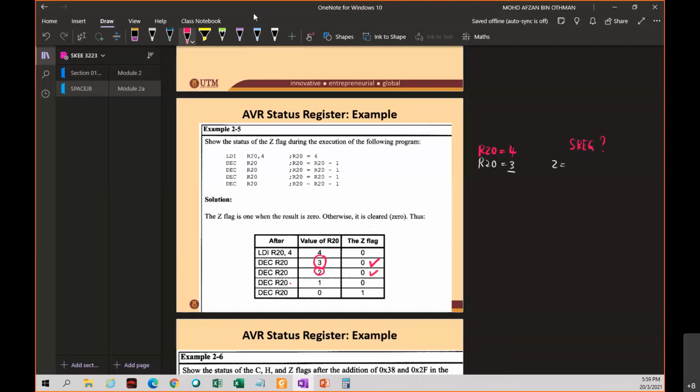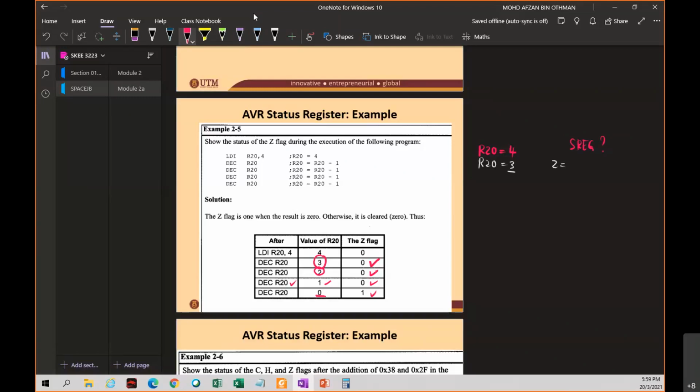And then you decrement 1 again. Okay, one more time. So sekarang ni R20 sama dengan 1. So what happened to the Z flag? Masih lagi kosong. Sebab masih lagi ada value dalam R20. And then when you decrement one more time, so what happened? R20 sekarang ni dah jadi kosong. Okay, bila R20 jadi kosong, automatically the Z flag will set, akan jadi high.